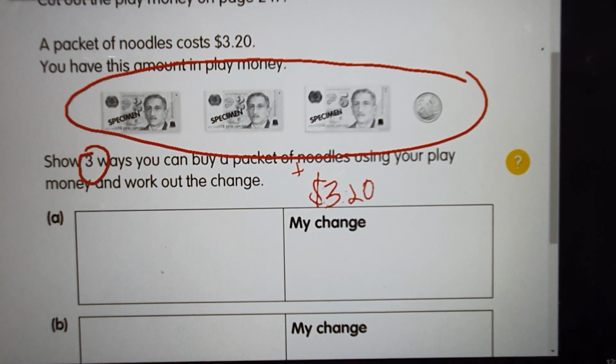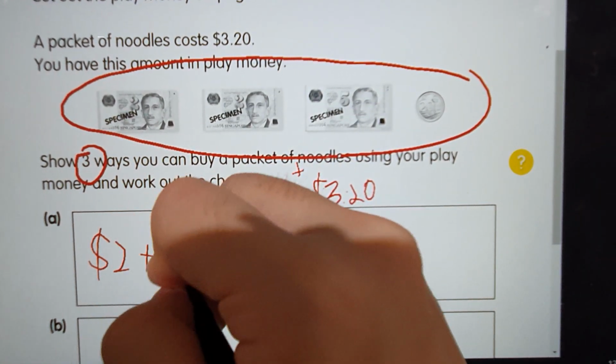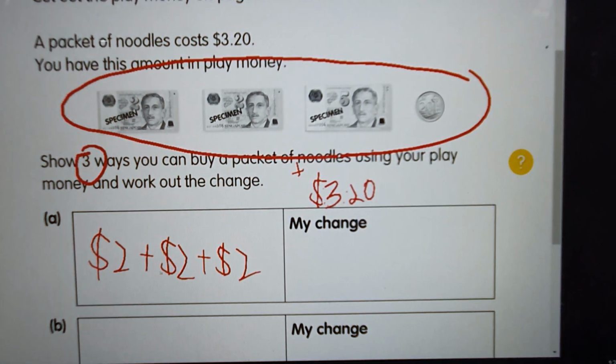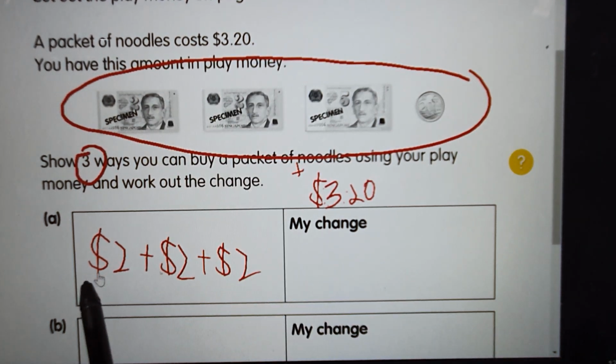You don't need to draw the money here, you just write down and indicate what you are going to use. For example, can I use one $2 note, two $2 notes, and three $2 notes to buy my noodle? No, you cannot use that because you only have two $2 notes here, so you can never have three $2 notes.